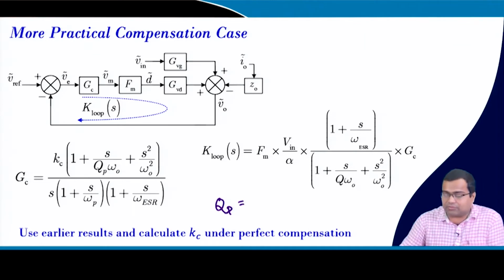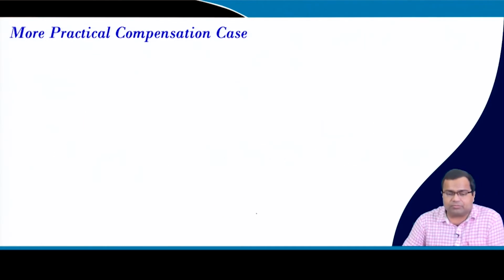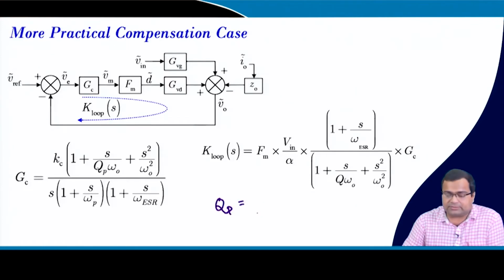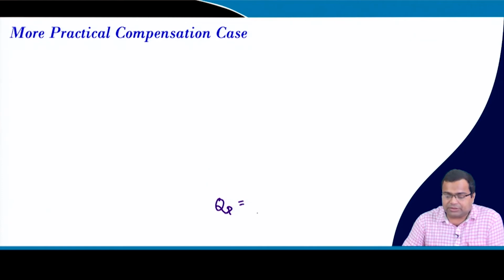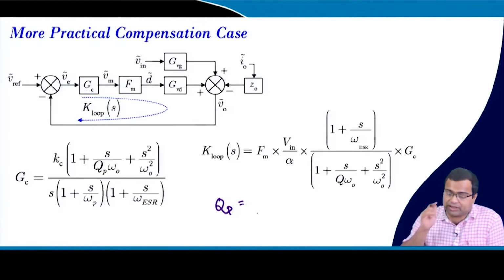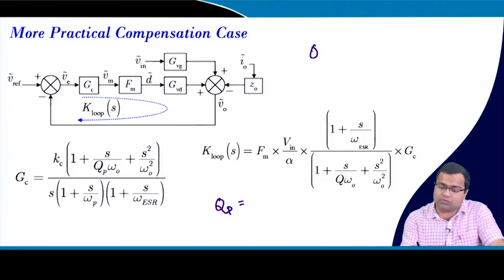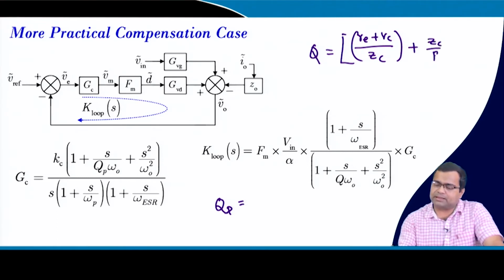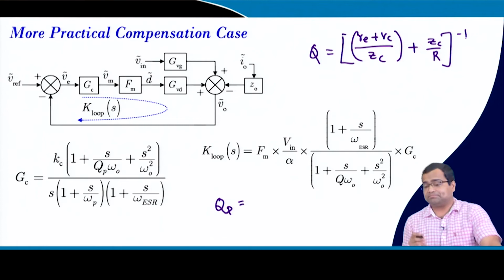Earlier, what was our original Q? If you recall, our original Q was, I think, RE plus RC by ZC, sorry, plus ZC by R inverse, yes.